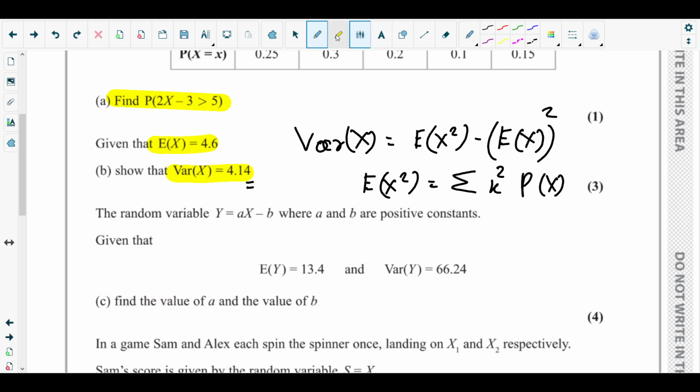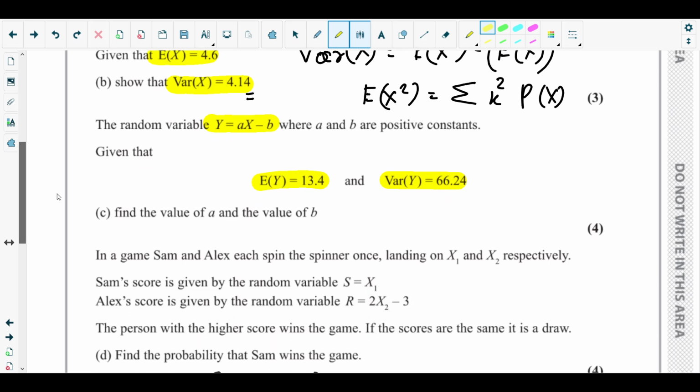Next, for part C, the random variable y equals ax minus b, where a and b are positive constants, given that the expectation of y equals 13.4 and the variance of y is 66.24. We need to find the value of a and the value of b. The expectation of y is given as 13.4, and y is ax minus b.